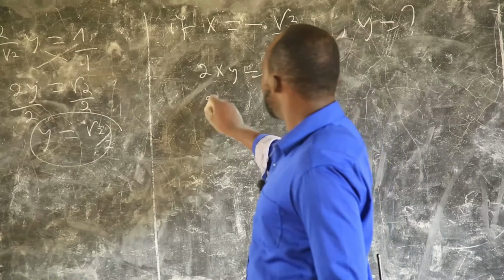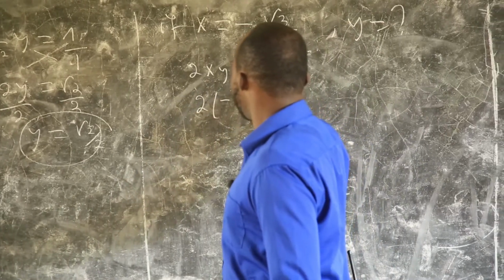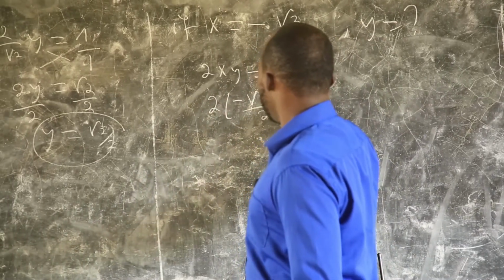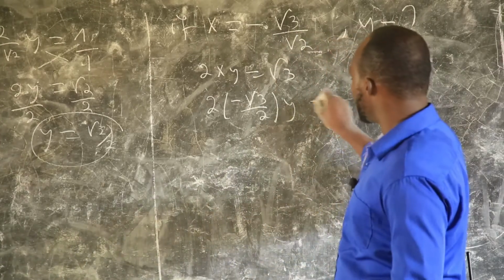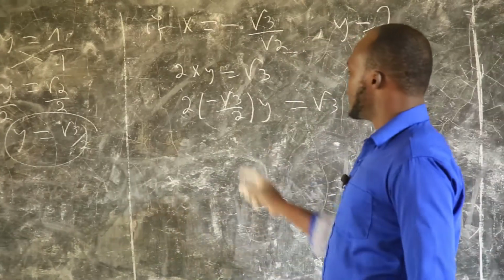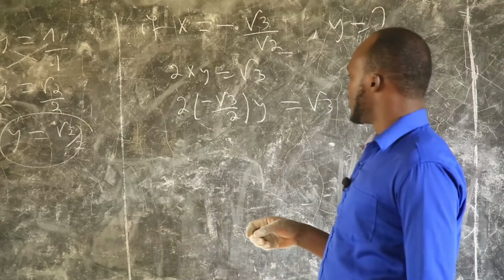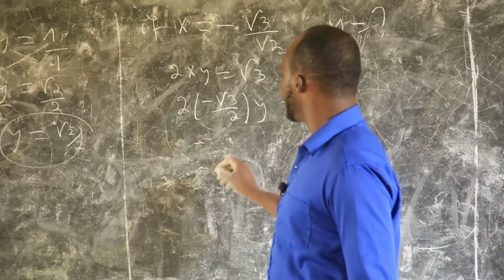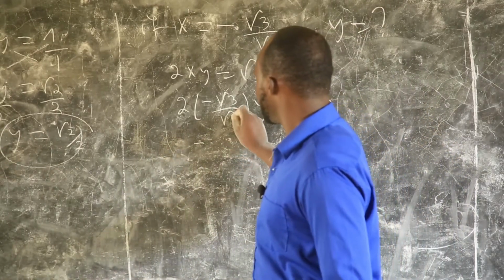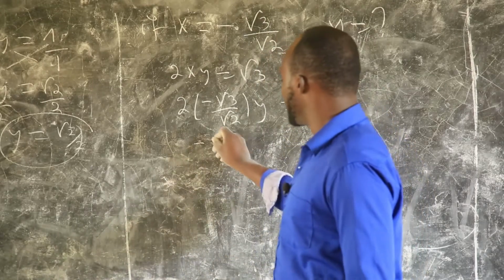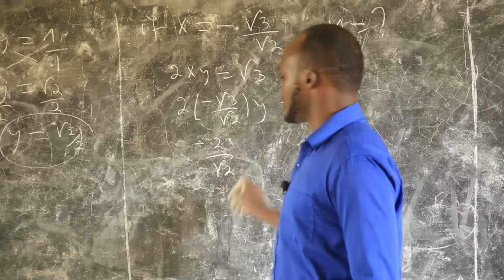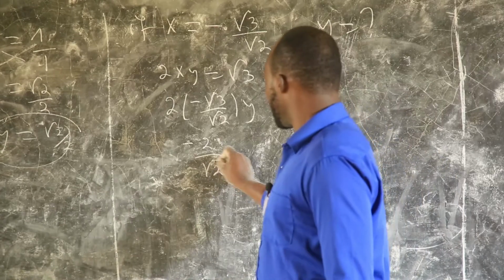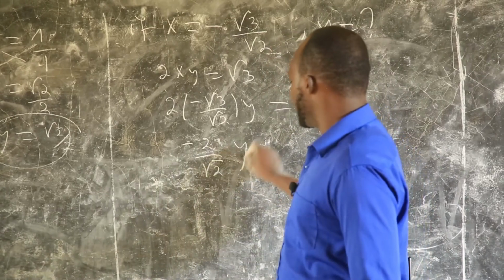So this is 2 into bracket negative root 3 over root 2 y, which is equal to root 3. So this goes with this. We remain with negative 2 over root 2 y, which is root 3.